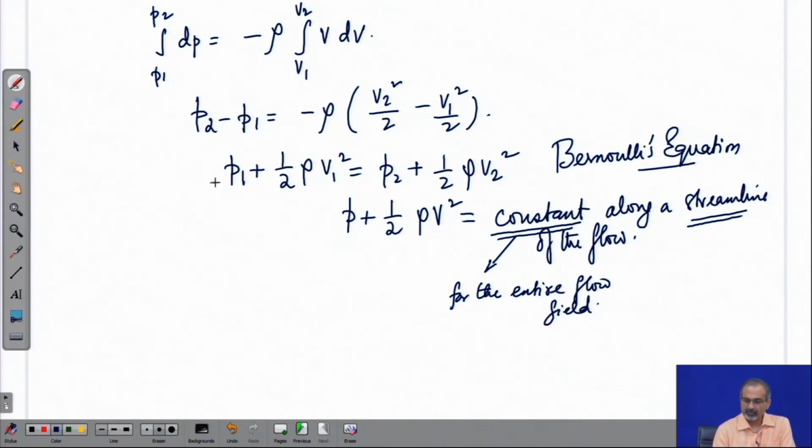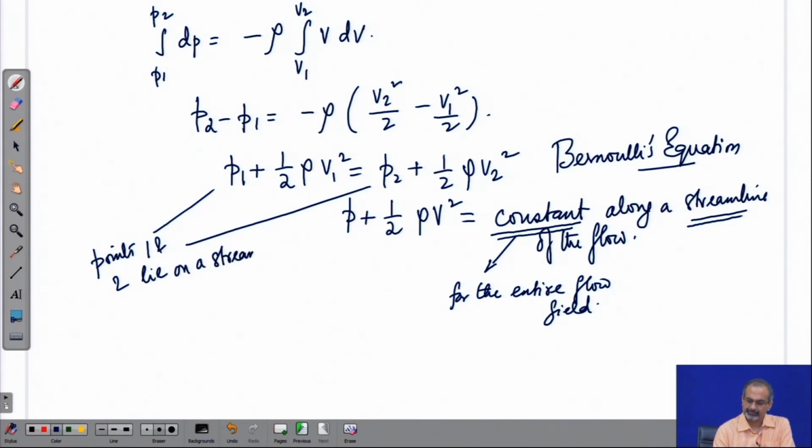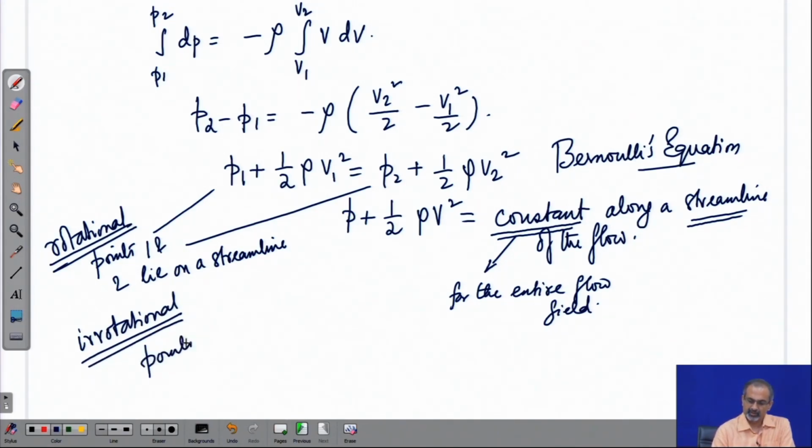which means for rotational flows, the points 1 and 2 lie on a streamline in order that this equation is applicable between the 2 points. However, for irrotational flow, the points 1 and 2 can be located anywhere in the flow field.